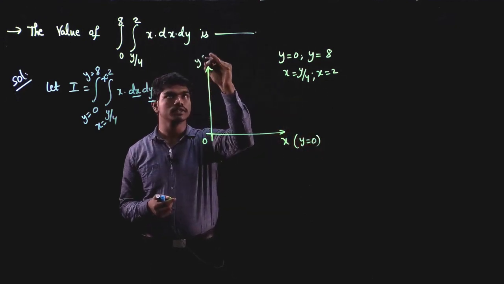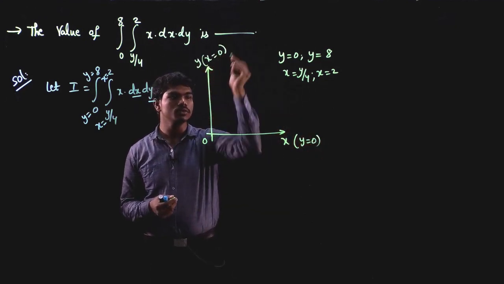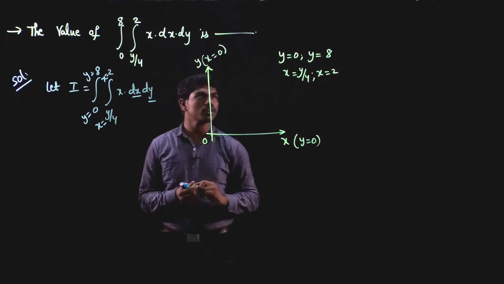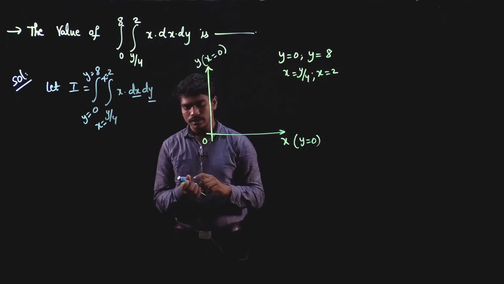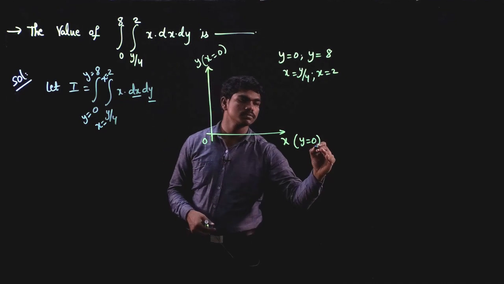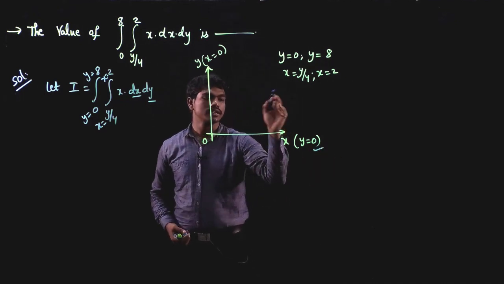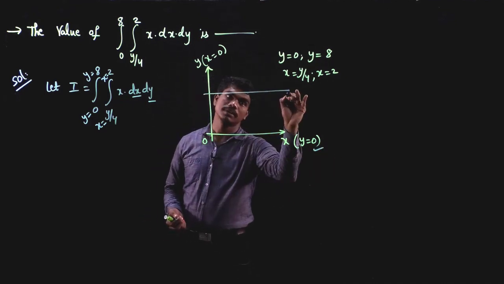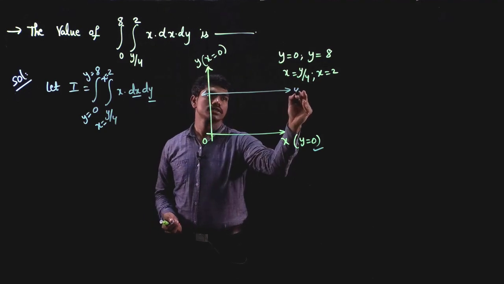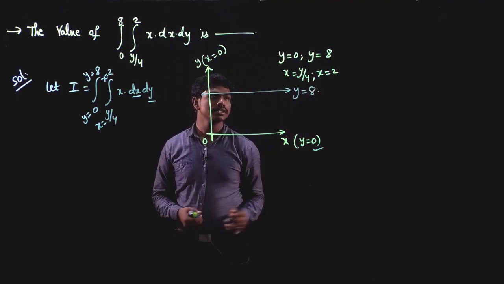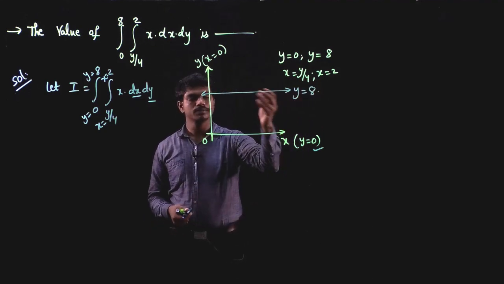This is the y-axis, for which the equation is x is equal to 0. Equation y is equal to 0 is already plotted, which is the x-axis. Next, y is equal to 8 may look something like this, correct? Because the lines y is equal to constants are parallel to the x-axis.